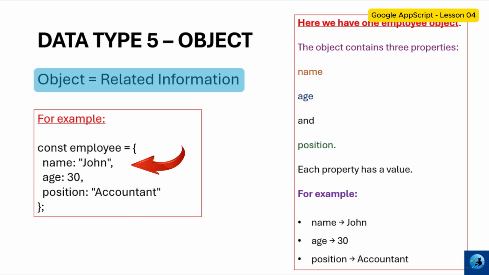For example, name is John, age 30, position accountant. This is very useful when working with real-world data. Instead of having separate variables for every employee, we can create an employee object containing all of the information. Later in this course, objects will become extremely useful when we build practical applications.